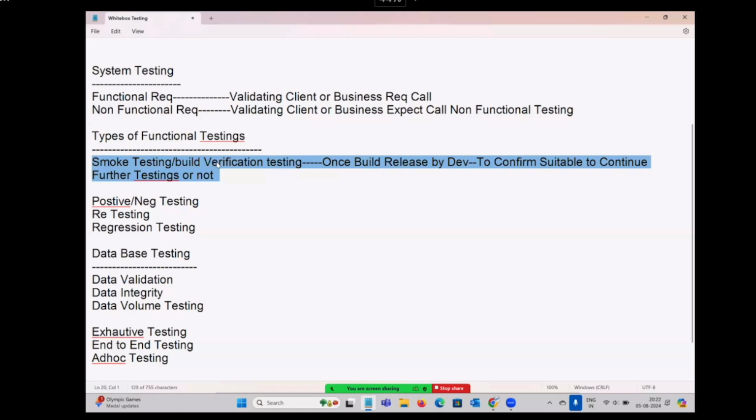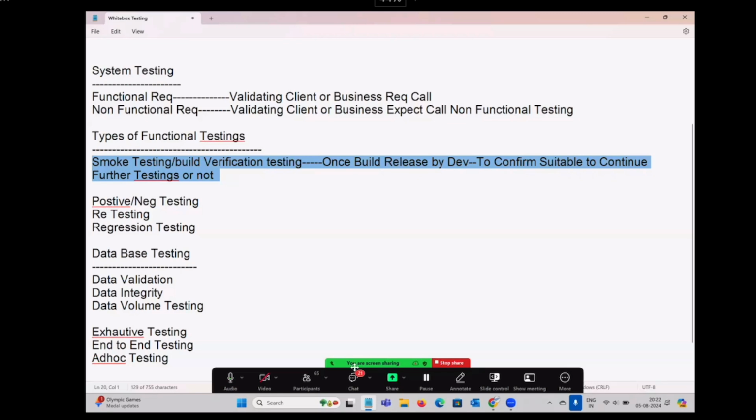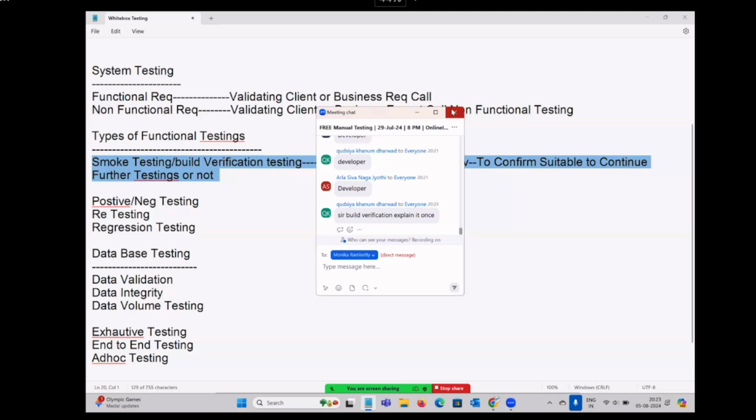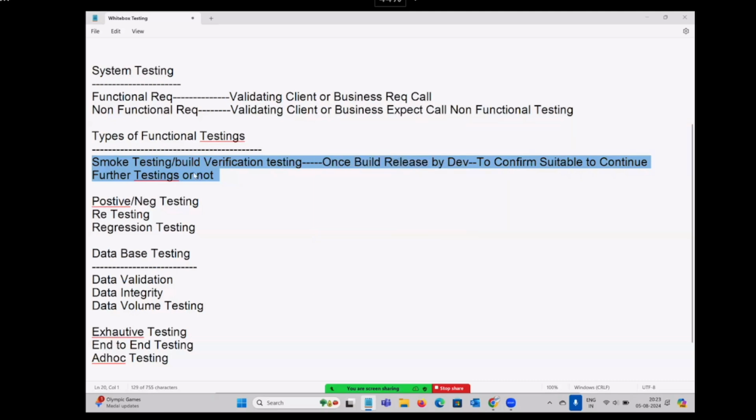Once the developer develops the application, to confirm the build is suitable to continue further testings or not, checking basic functionality is called smoke testing. If the build is rejected, it is sent back to the developer.